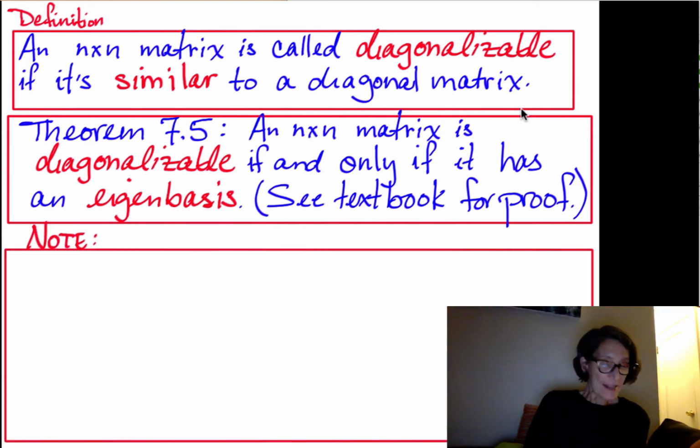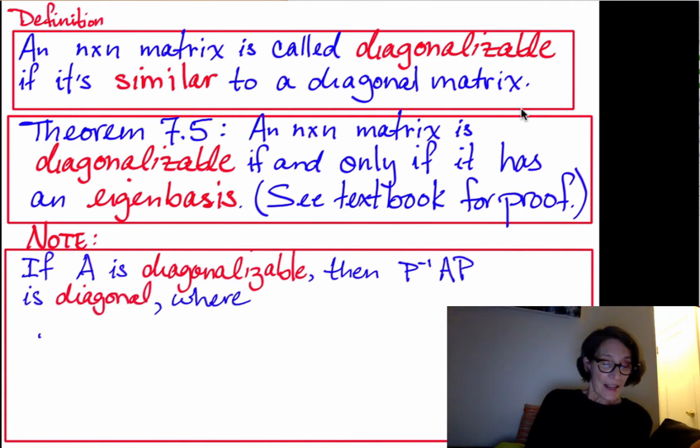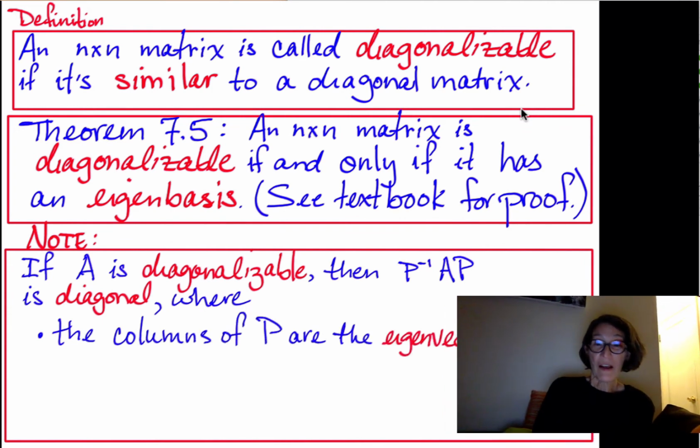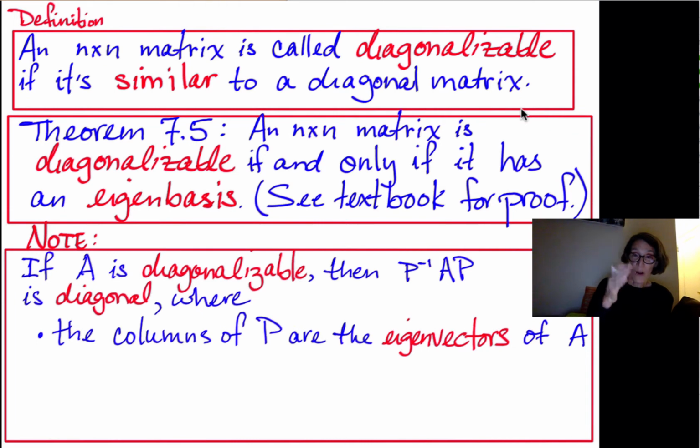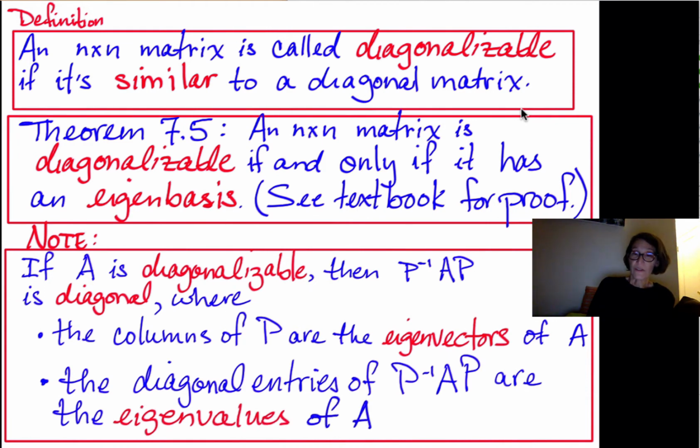The proof tells us that if A is diagonalizable, then P inverse AP is diagonal, and the matrix P consists of the eigenvectors of A. So the columns of P are just the eigenvectors of A, and the diagonal entries of P inverse AP are the corresponding eigenvalues of A, and they have to be in the same order.